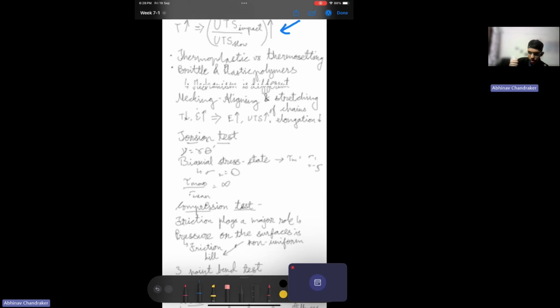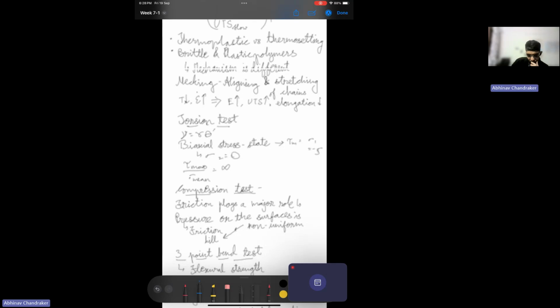But in thermosetting, it is more rigid, so bonds are much more rigidly arranged, so you cannot easily shift them around just by deforming a little. You can have brittle and plastic polymers based on this.